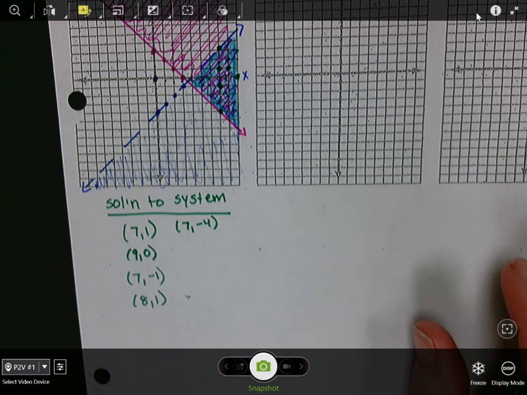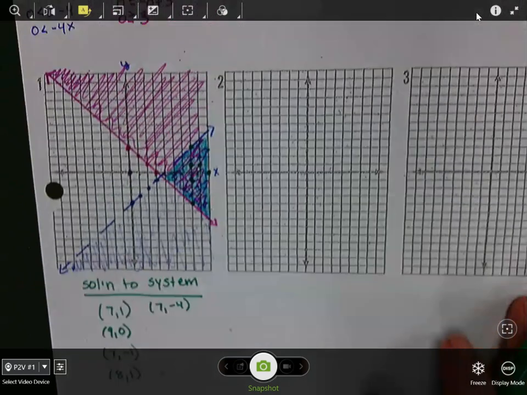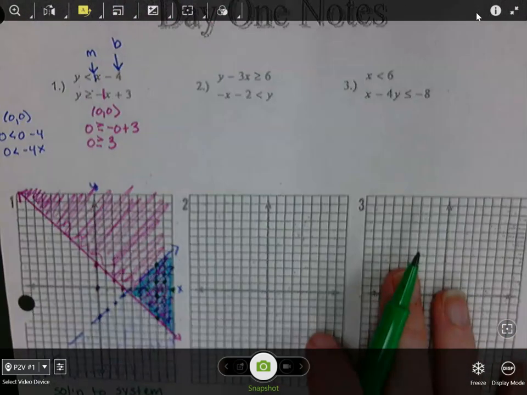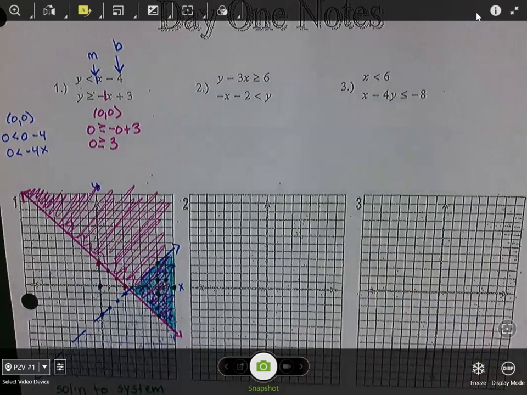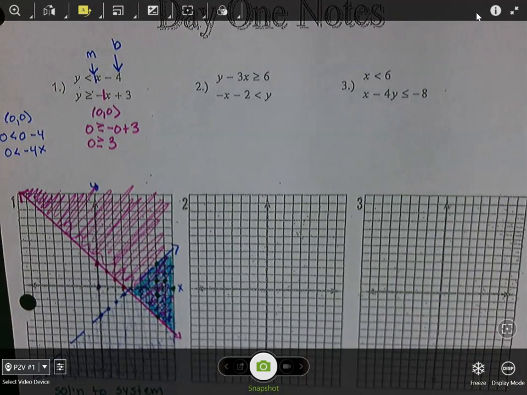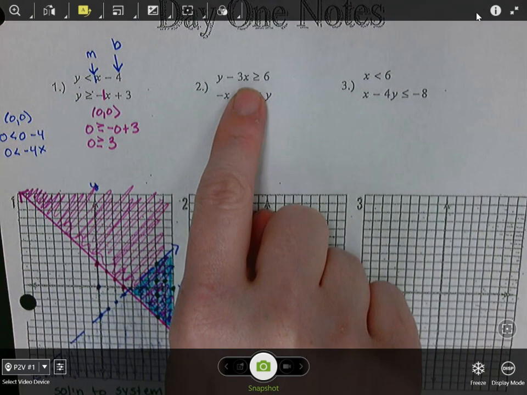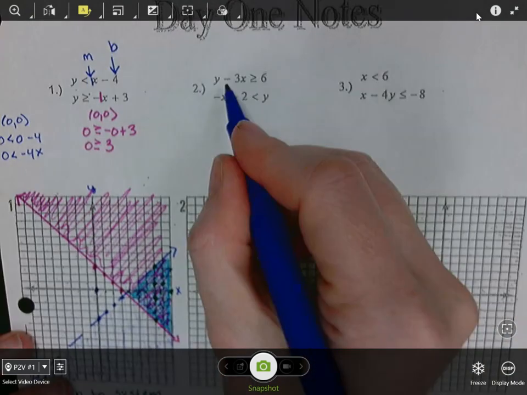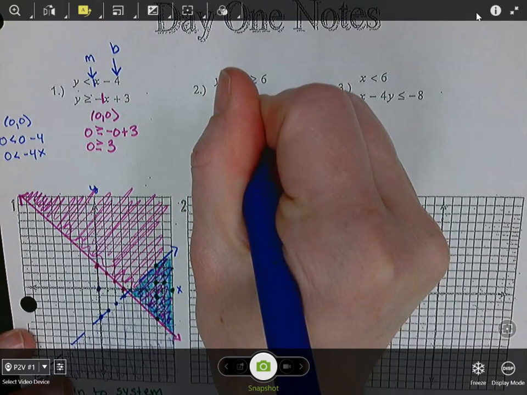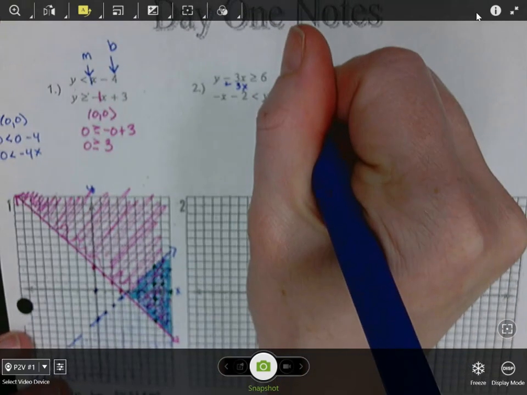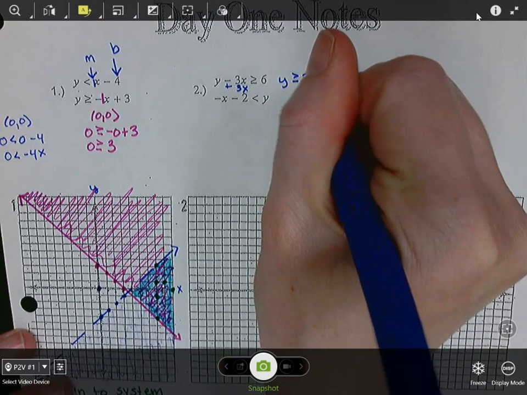Okay, let's do number 2. y minus 3x is greater than or equal to 6. Okay, so what I need to do first is put this in slope-intercept form. So the minus 3x, I need to add over to the other side, and I get y is greater than or equal to 3x plus 6.